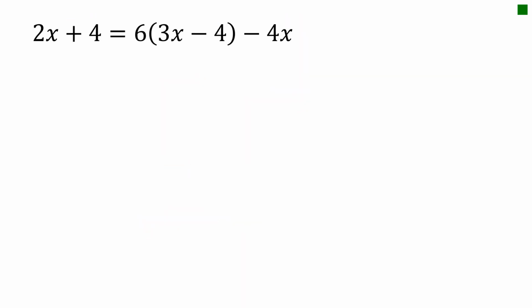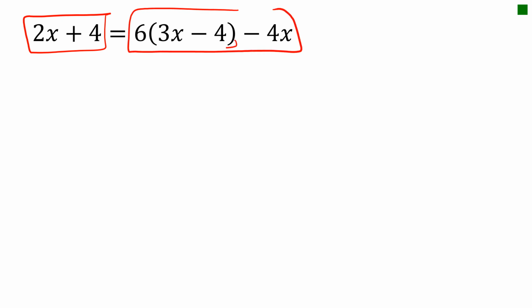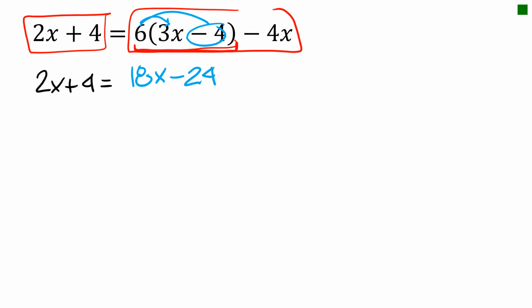One more slide, and it's a mess. Left-hand side, happy, happy, joy, joy, nothing to do there. Right-hand side, do you see the distributive property right here? So on the left, I've got 2x plus 4. On the right-hand side, 6 times 3x is 18x. 6 times negative 4 is negative 24.